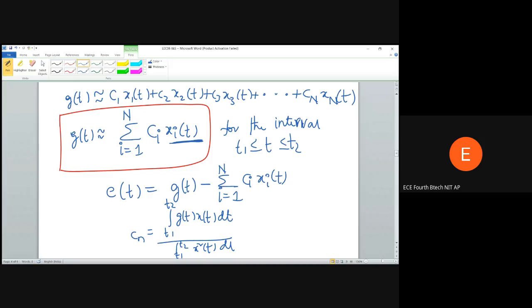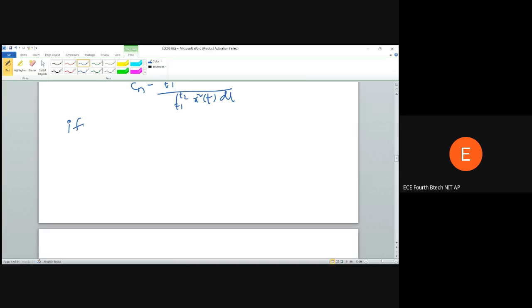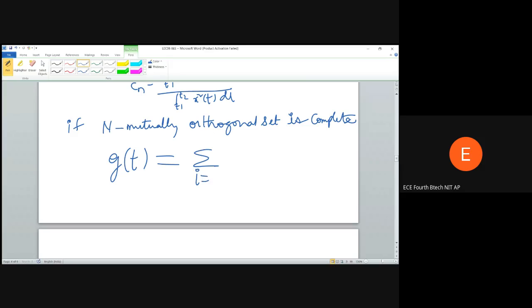Now if you look into the equality, if that n mutually orthogonal set is complete, then very straightforwardly I can write, instead of nearly equal to, summation i equal to 1 to n ci xi of t.